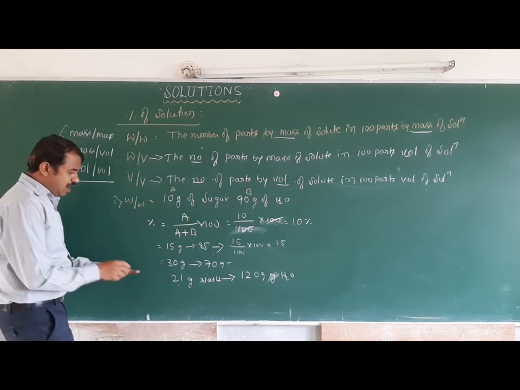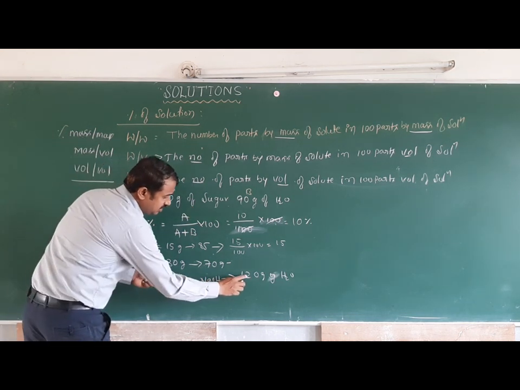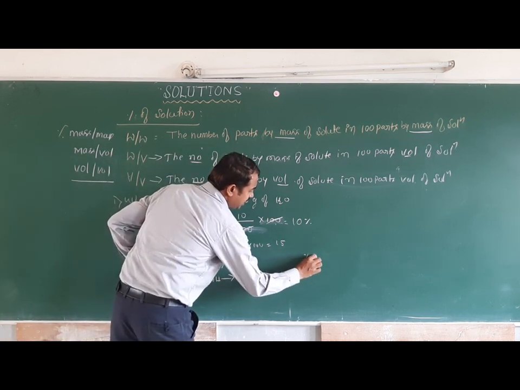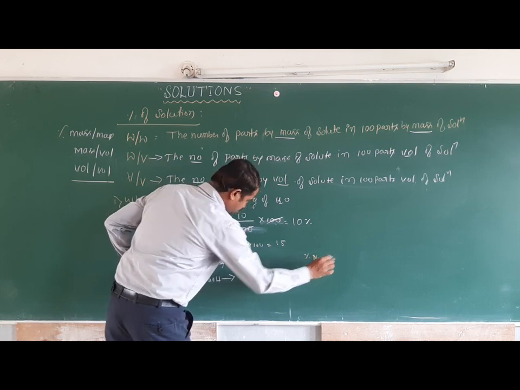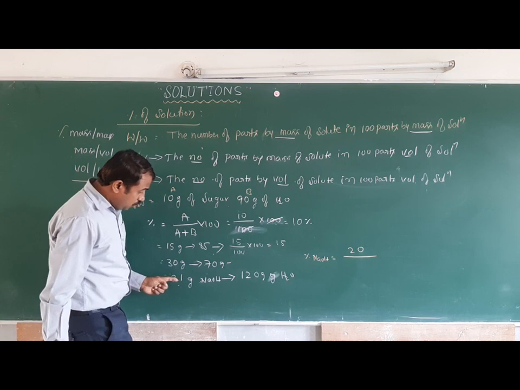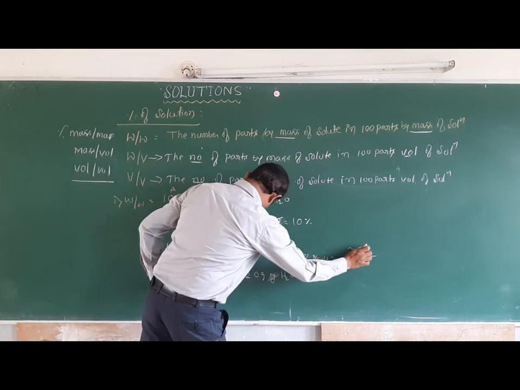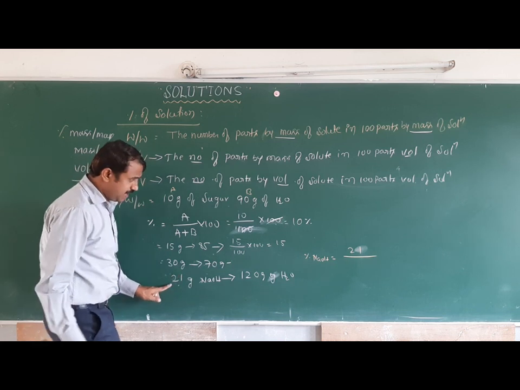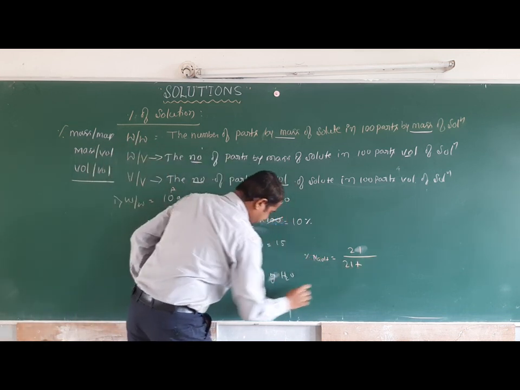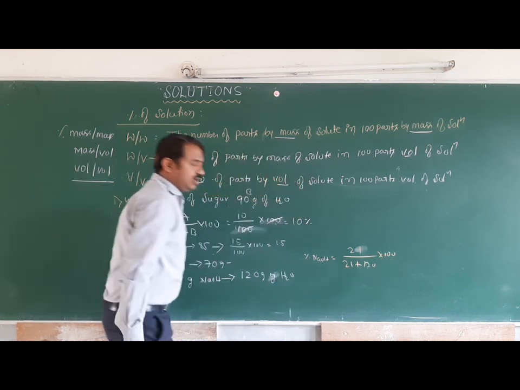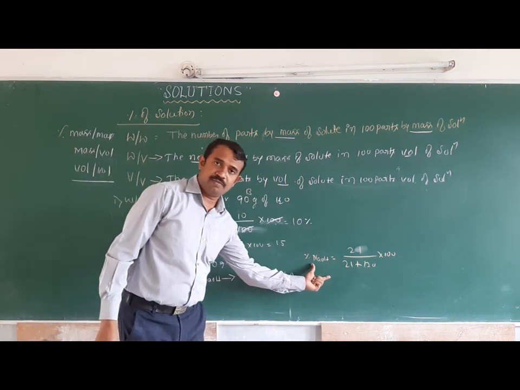Percentage of NaOH equals 21 divided by 21 plus 120 into 100. You will get the percentage of sodium hydroxide.